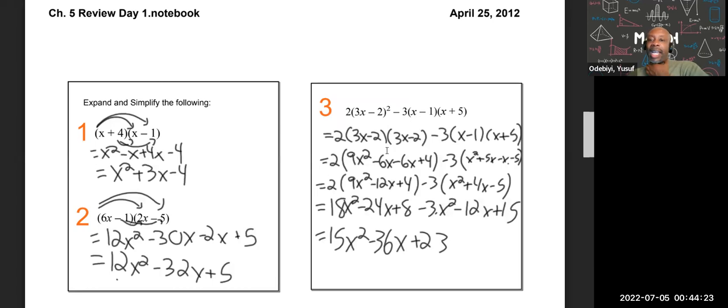What you're looking at is a perfect square, so my first term would be 9x squared, my second term would be double of those two, so it'd be 12x, and my last term is just 4.